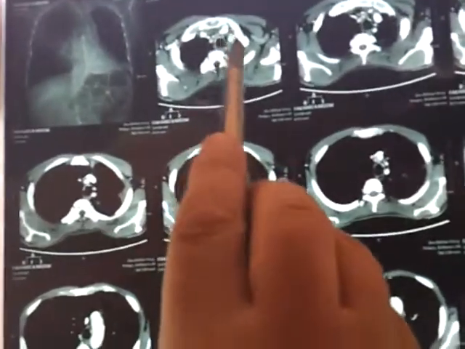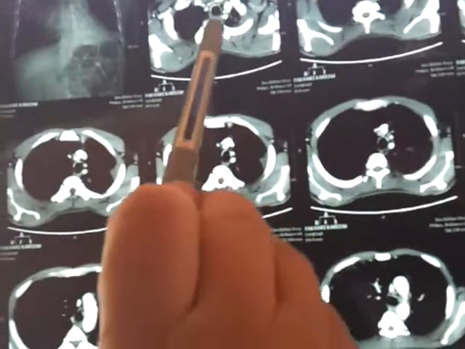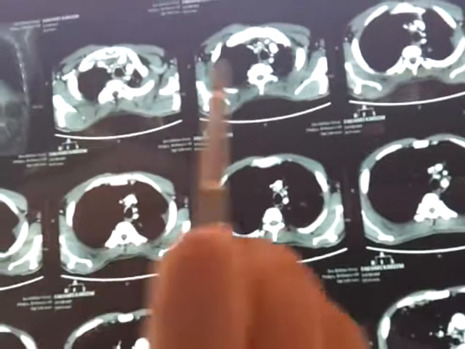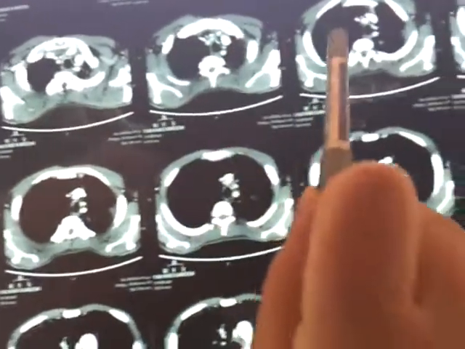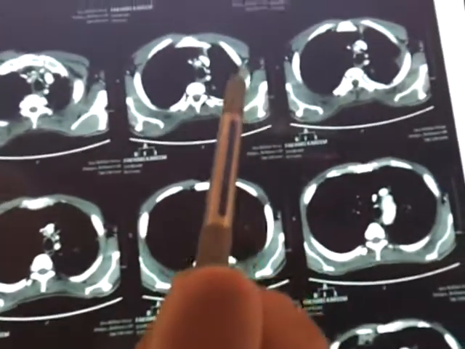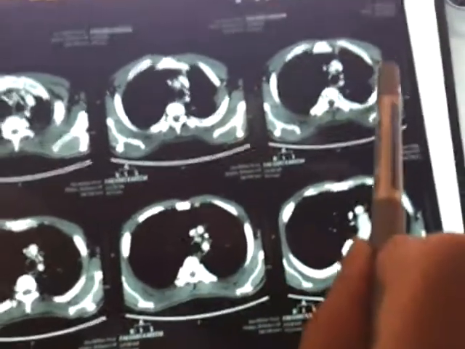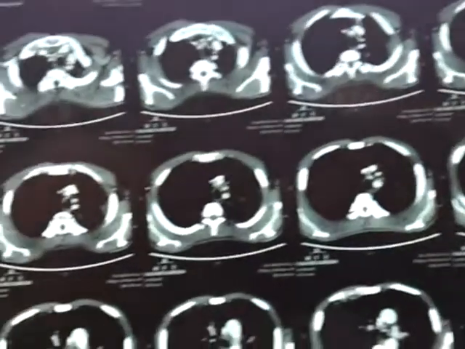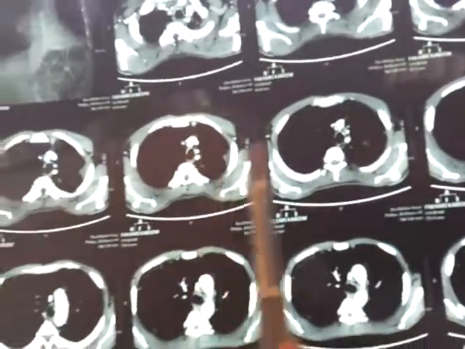In the left apices. This is the trachea, this is the vertebrae, this is the upper lobe, this is the apices, this is the upper lobe also. There is an element of fibrosis there. And if you go down, still we are in the upper lobe, trachea.